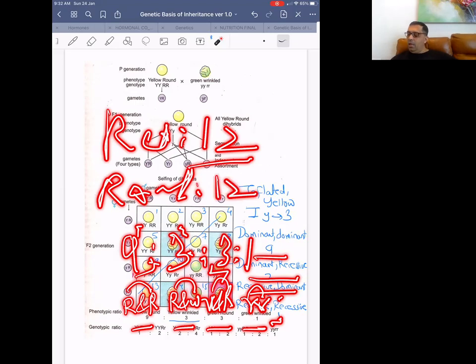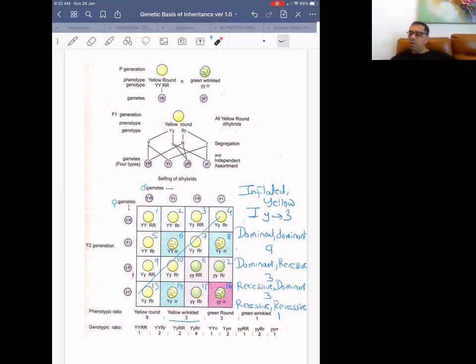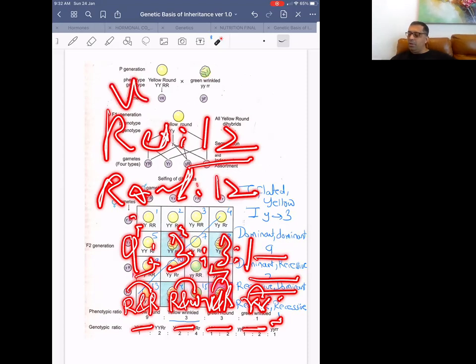How many white will you get? White you will get 3 white and round. And 1 you get white and wrinkled. So 3 plus 1, you'll get a total of 4 whites.